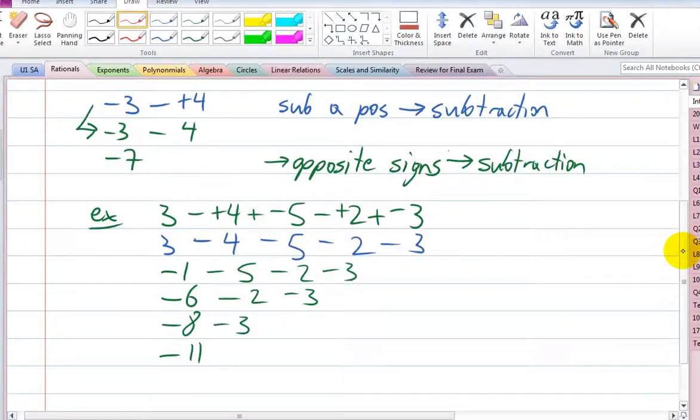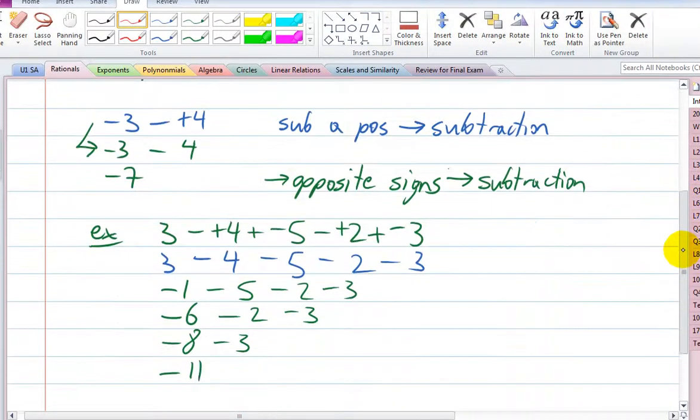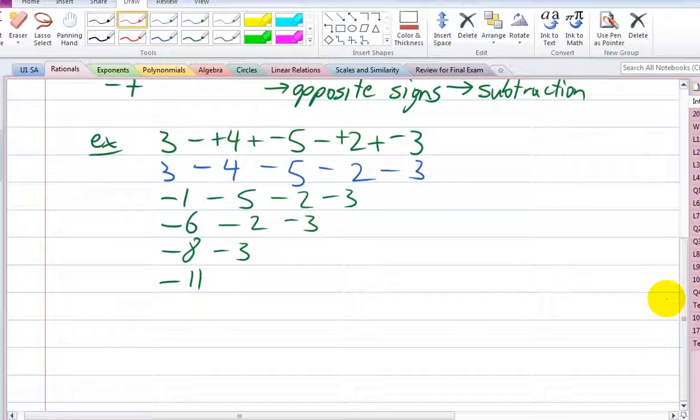All right. Next. Okay. So let's go with 4 minus negative 8. So we have double signs again. We want to fix that. So when you fix it, subtracting a negative is like doing what? Adding. Okay.